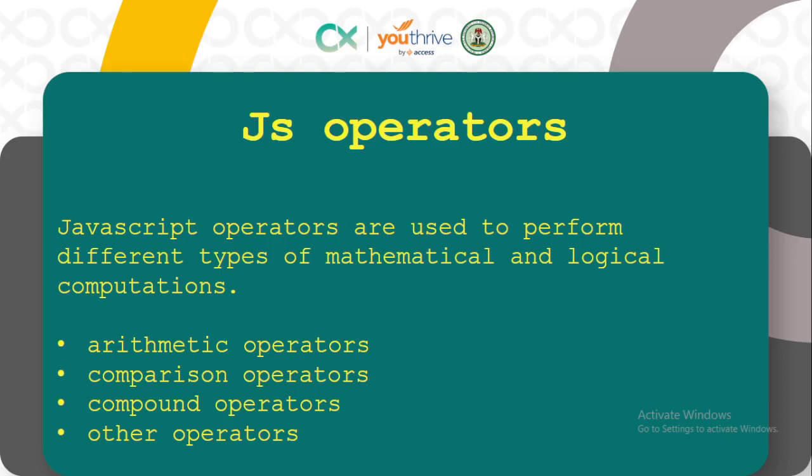When JavaScript sees them, it understands what they are, and it can perform a mathematical or a logical computation. With this in mind, let us dive into our VS Code.